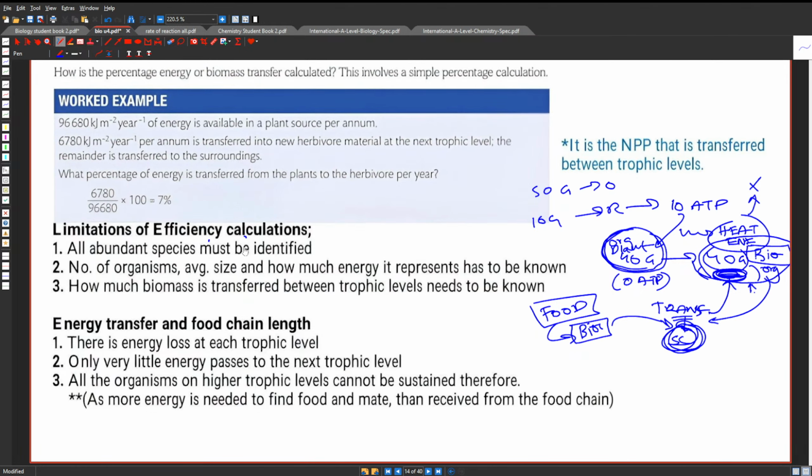So, limitations of efficiency calculations: all abundant species must be identified. Essentially what they're trying to say is when you have a herbivore, it's taking food from multiple places, multiple species, multiple producers.